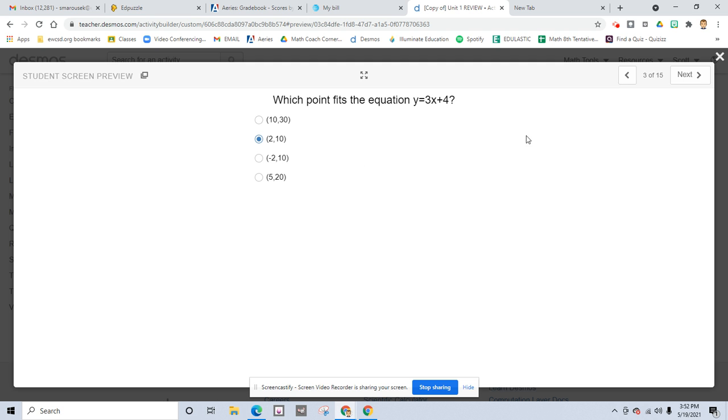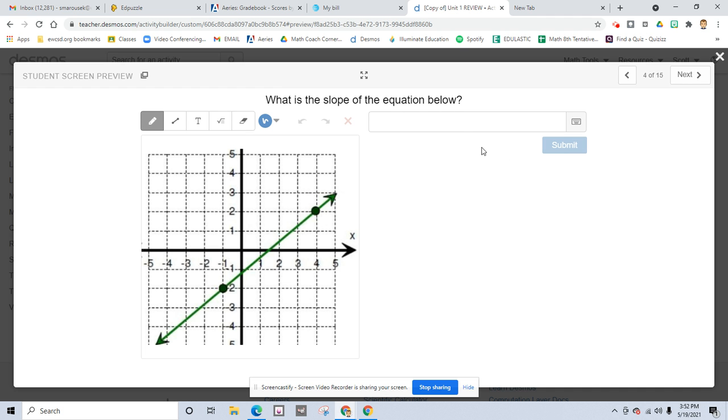All right, let's keep it going. This one, you do not have to write in your notebook. I would like an answer though. What do you think the slope is on this equation? As you look at it, let's go. Rising 1, rising 2, rising 3, rising 4. Rising 4. Okay?